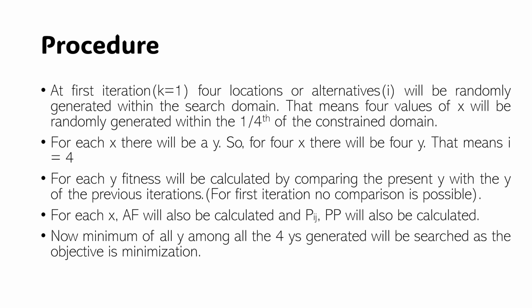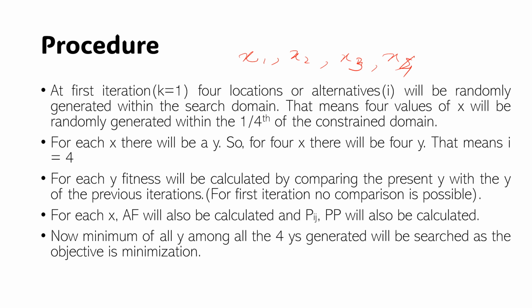So what is the procedure now? Let us come to the procedure. What happens at the first iteration? I have said K is equal to 1. 4 locations are alternatives, that means values of X. As I have already discussed, we will generate 4 values or 4 populations: X1, X2, X3, X4.